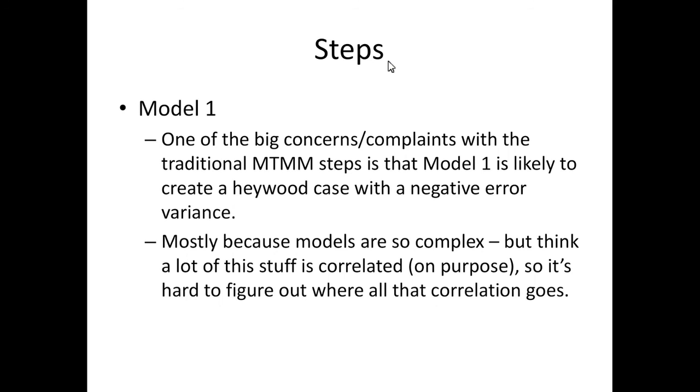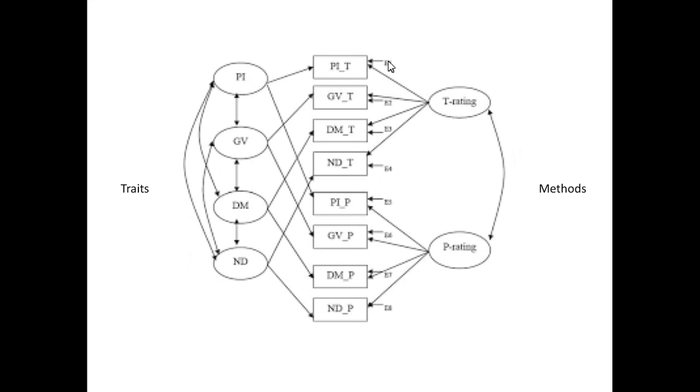That's mostly because the models are fairly complex, and a lot of the stuff is correlated sort of on purpose. Obviously, items are going to be strongly related to their traits, you hope, and their methods, so sometimes it just gets kind of confused in a sense of where those correlations should go. Not literally because this is math, but that's the idea.